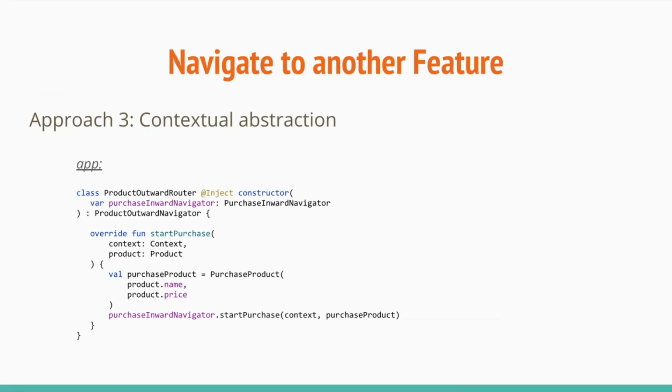And then inside the product outward router, we are also injecting the purchase inward navigator, which is nothing but the service provided by the purchase module. Inside the start purchase, what we are doing is transforming product to the purchase product. And then by using the purchase inward navigator, we are starting the purchase flow. So this is how app is going to act as an orchestrator.